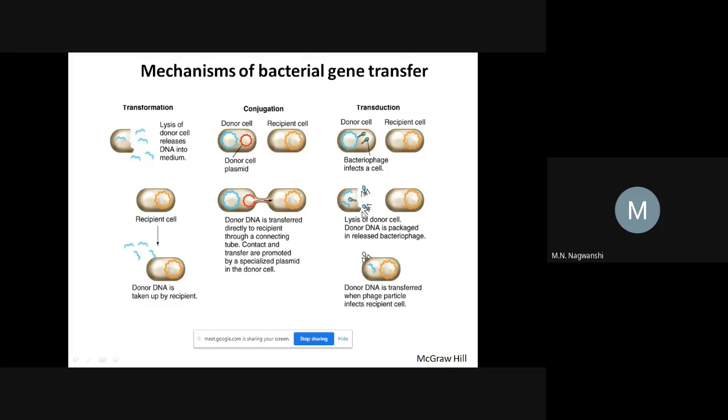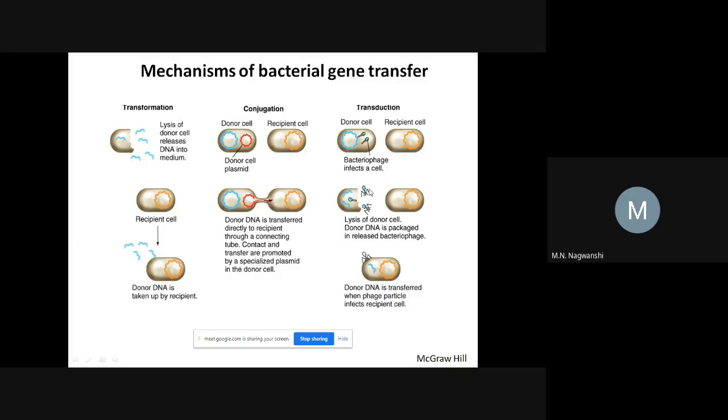Okay? Then these bacteria grow in the bacterial cell, and the viruses are released after the growth of the viruses.